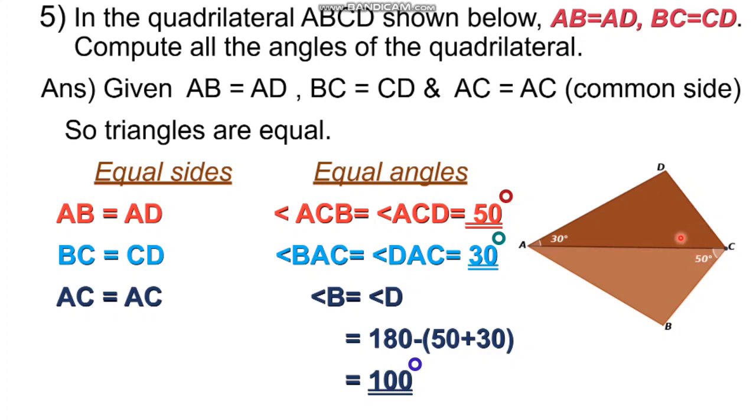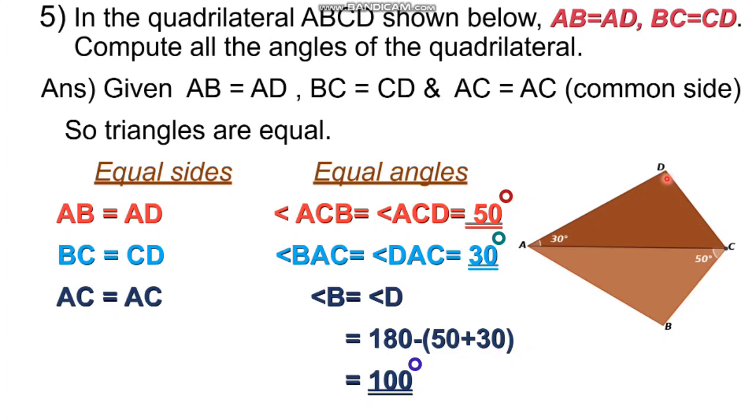Now one more pair of angles is the angle D and angle B. These two angles are opposite of the common side AC. Look at, AC equals AC. So angle B equals angle D. Now we have to find out the measure of angle B and D. Okay, for that we got, see, in triangle ACD, this is 30 degree and this is 50 degree.